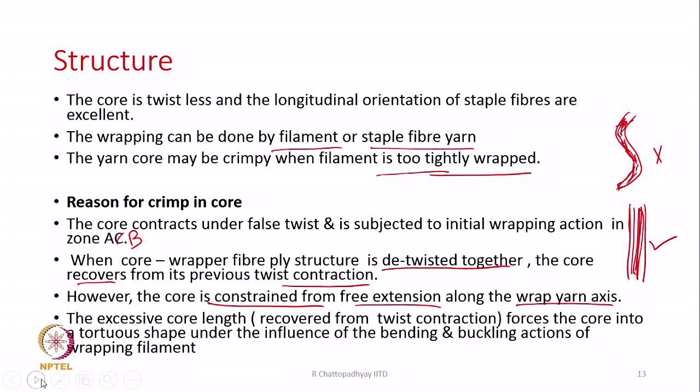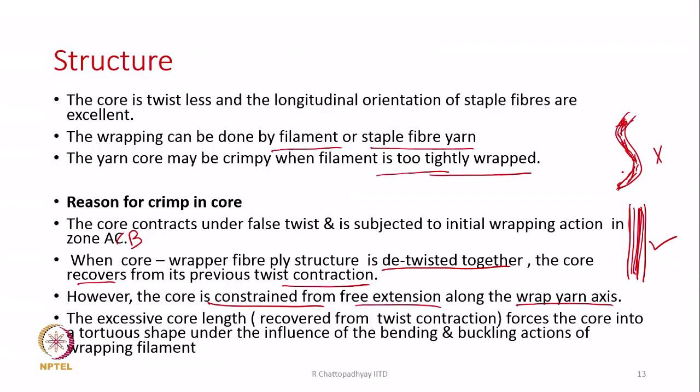So, in this situation what happens, the excessive core length forces the core into a tortuous shape under the influence of bending and buckling actions of the wrapping filaments, and therefore, the filaments are going like this, because the core is trying to extend, but it can't, because there is a restriction to its longitudinal recovery of length.